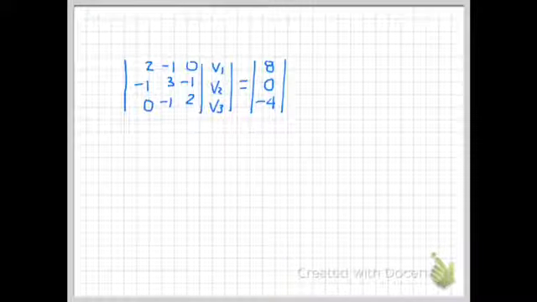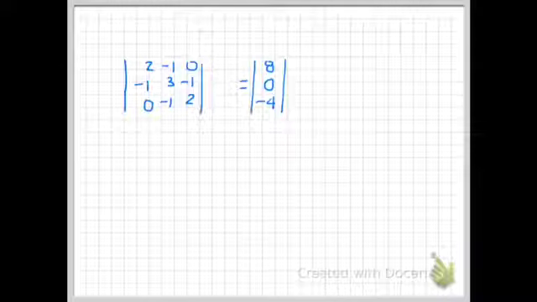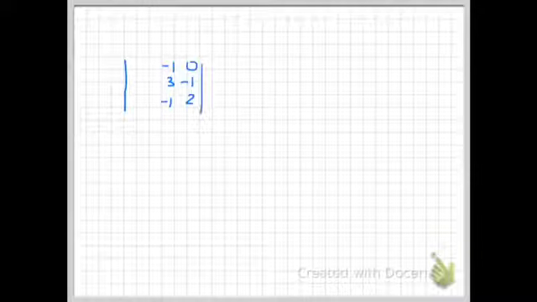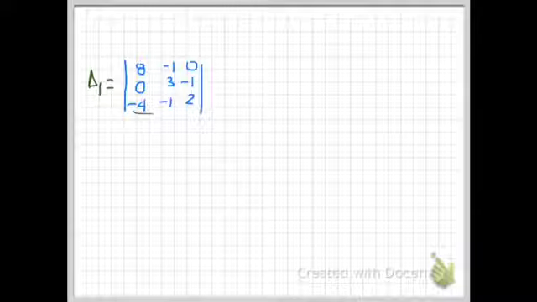For determinant 1, all we need is the general determinant and the resultant. We use the resultant vector and place it right here as the first column, so that delta 1 is the first column of the resultant vector and the rest of the general determinant.